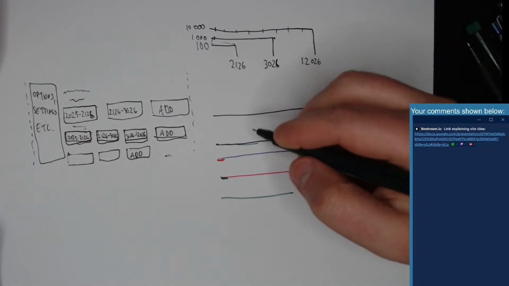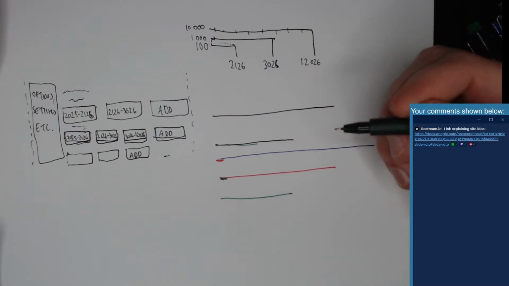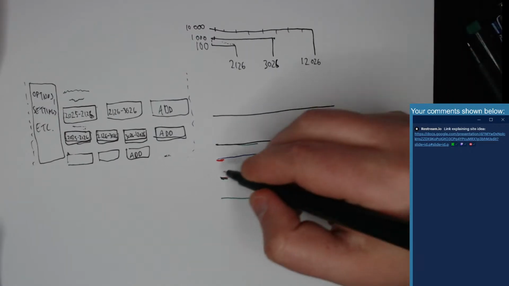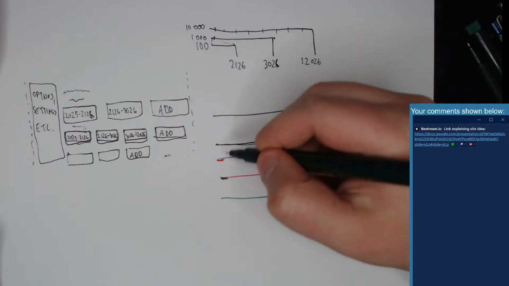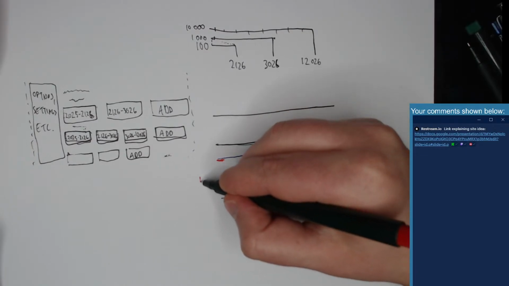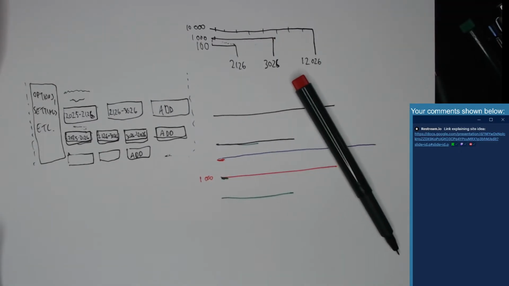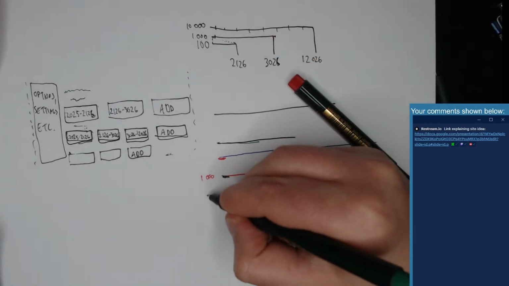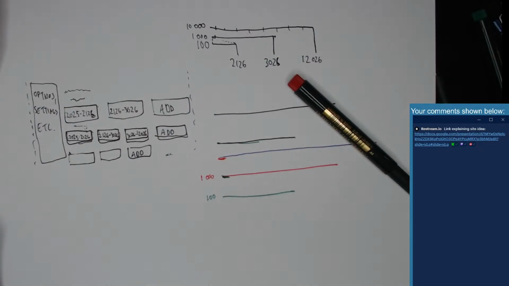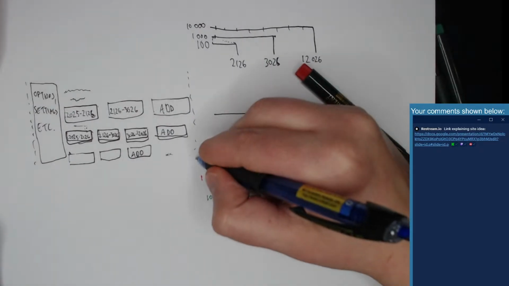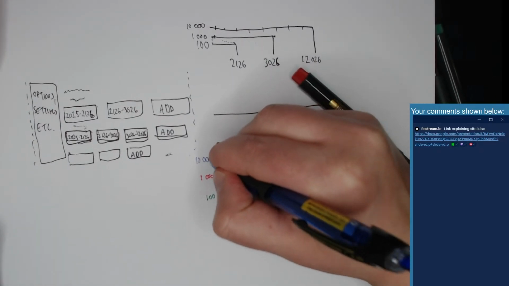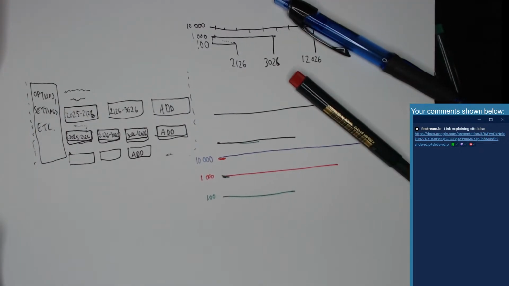So here you have a 1,000 year time scale, and you would use red color for it. Here you have 100 year time scale, use green color for it. You have 1,000 year, 10,000 year time scale, and you have blue color for it.